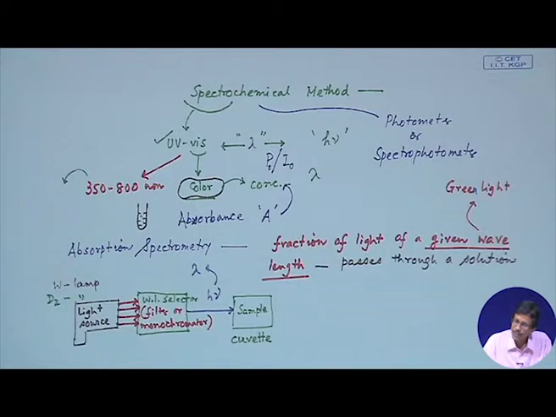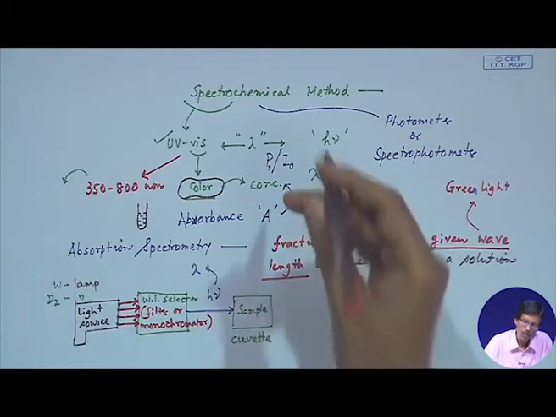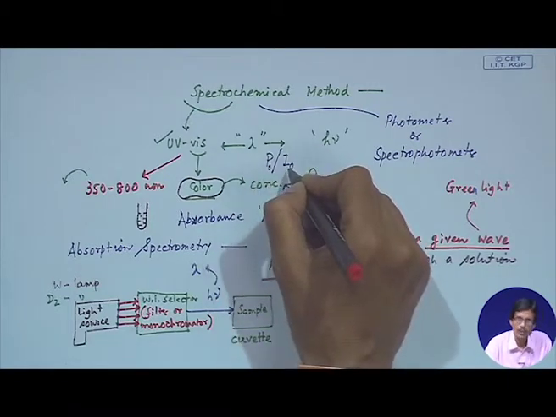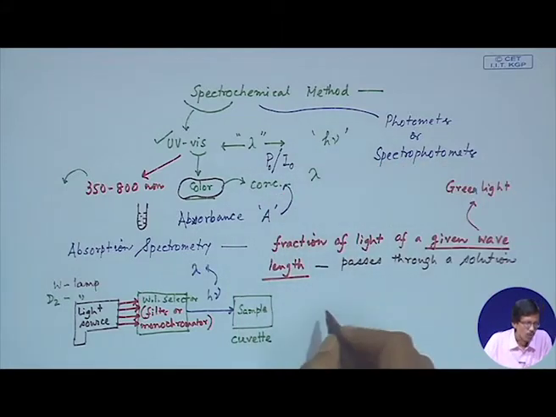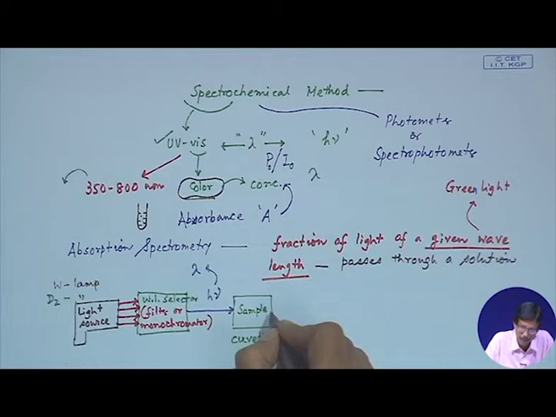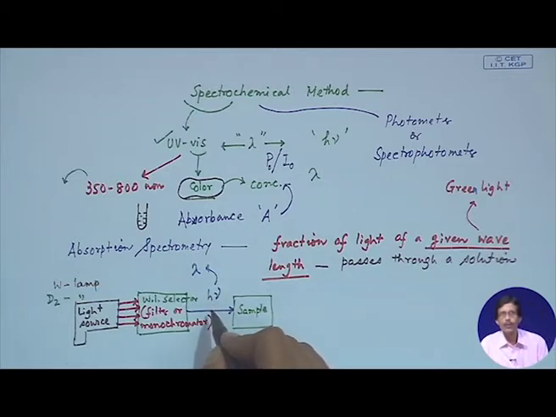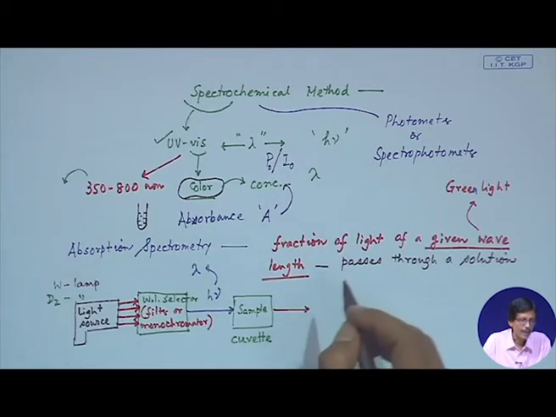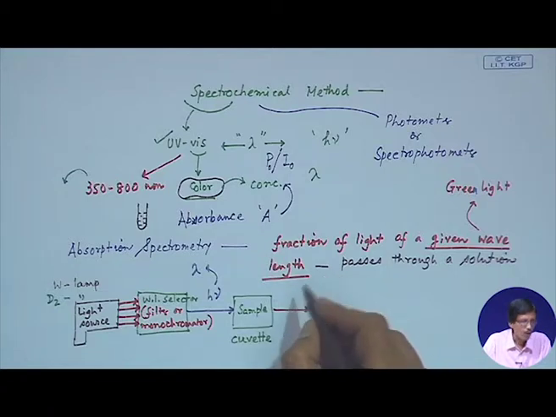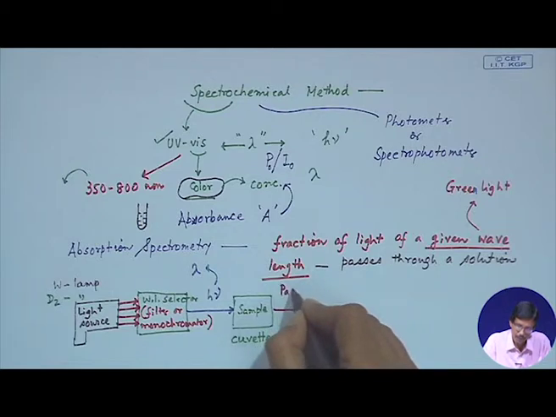This cuvette receives the light of P0 or I0, P for power and I for the corresponding intensity. So, this wavelength of radiation will pass through this solution, and after passing through this solution, we get the light which can pass through the solution.